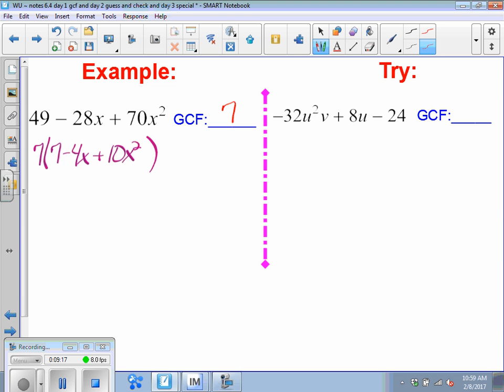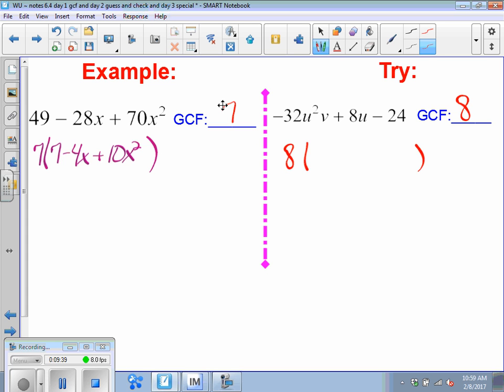Okay? So over here, 32, 8, and 24. 8. 8 is the biggest number. Now, do they all have a u? No. Do they all have a v? No, so that's not included. So it's just 8. Now, I have the options to do positive 8 or negative 8. I'm just going to do positive 8. Okay?